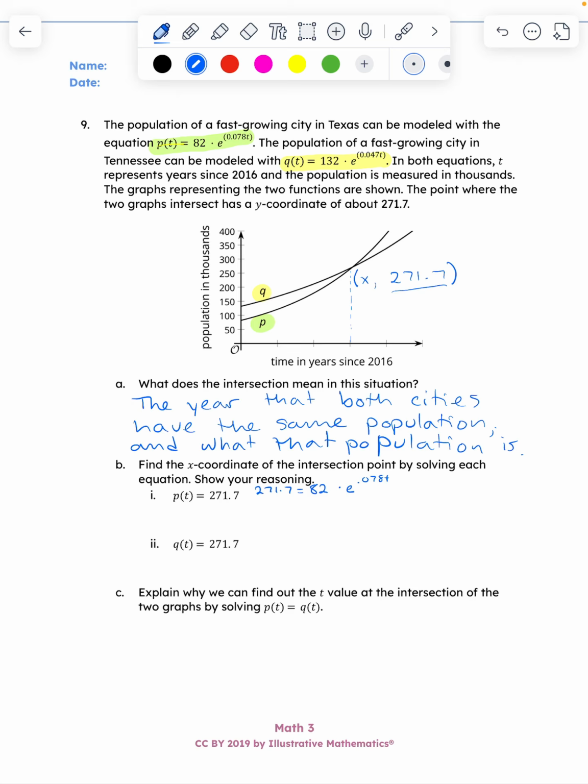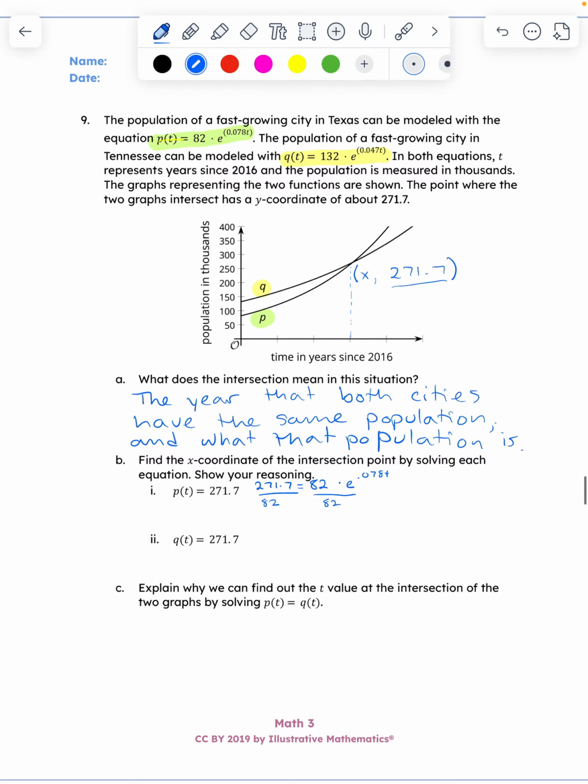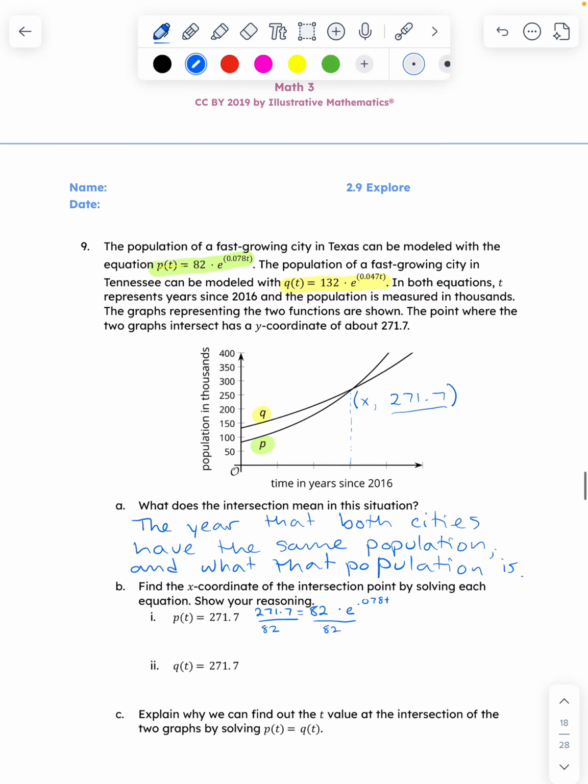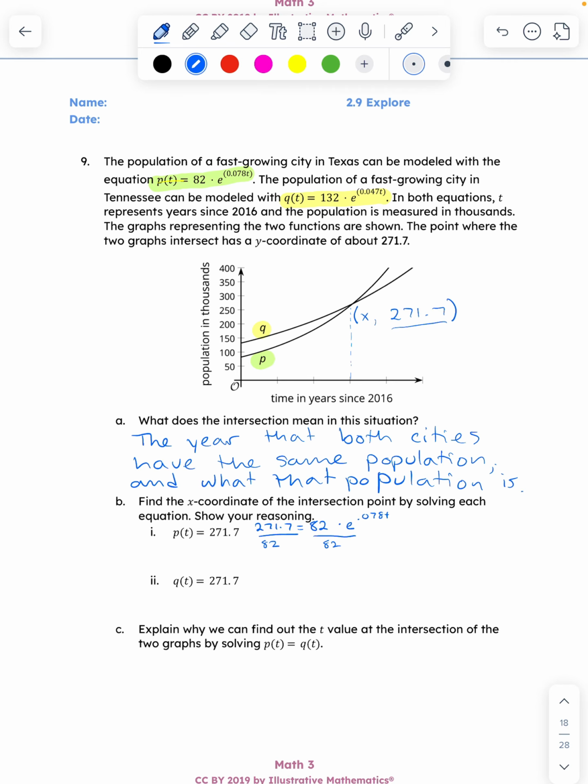Okay, we want to get rid of that 82 to start. And that gives us some kind of messy decimal. I'm going to keep this as a fraction as long as I possibly can, forever if I possibly can. I know these are going to cancel out.